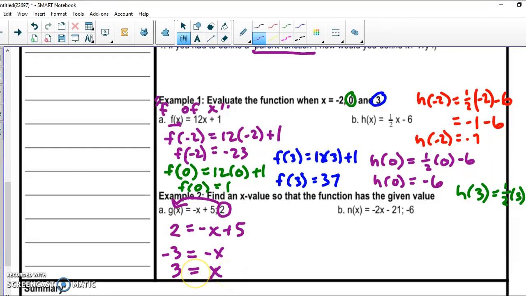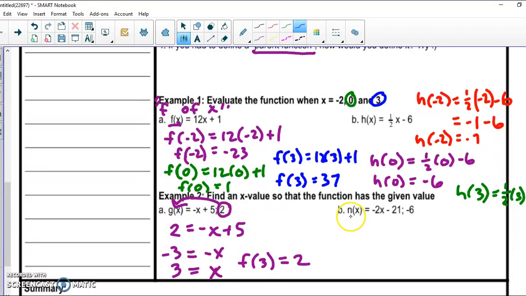So what that means is that g of 3 equals 2. So 3 is the value I substitute into this function for x so that I get an overall value of 2.